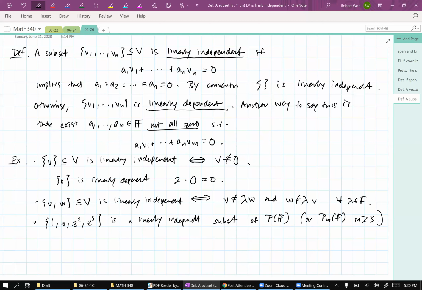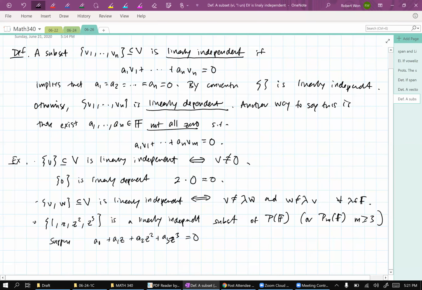So how can we argue that this set of polynomials is a linearly independent set? Well, we need to show that the only possible linear combination which equals 0 is the trivial linear combination. So suppose a0 plus a1 z plus a2 z squared plus a3 z cubed equals 0. So suppose you have a linear combination which equals 0.